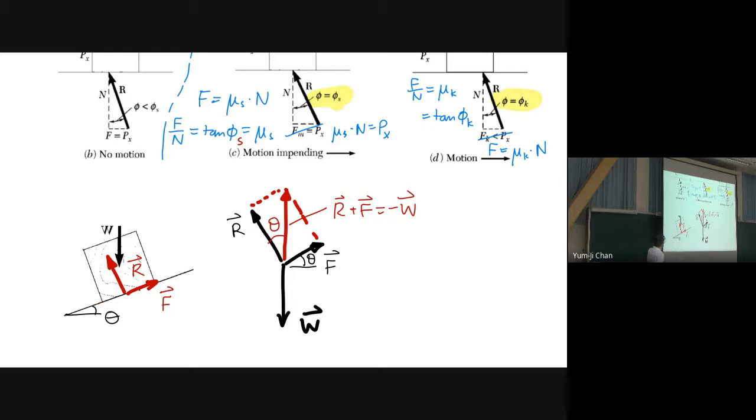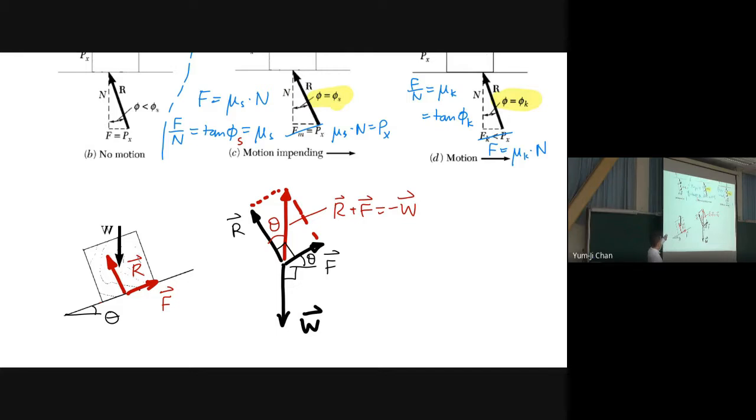Because we know the incline of the plane is theta, so this is theta. Because this one is 90 degrees and this one is also 90 degrees, this one is also theta. It's okay.